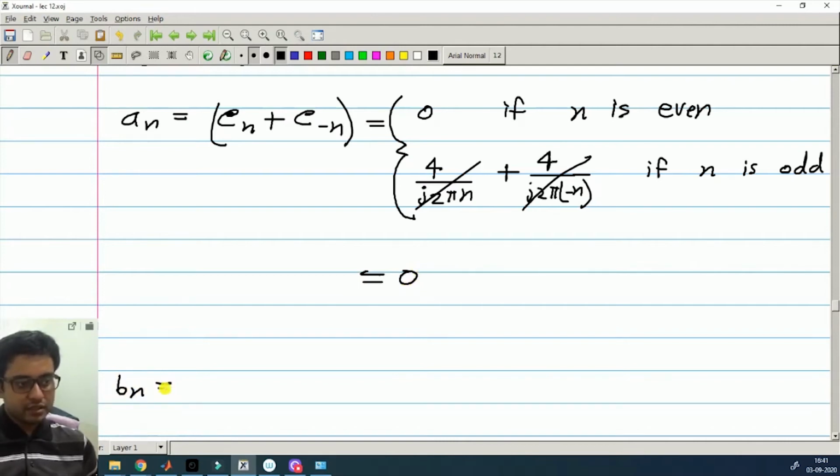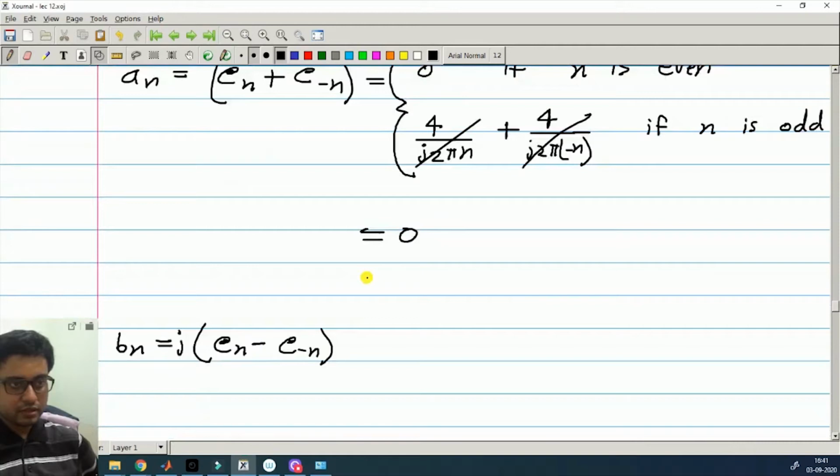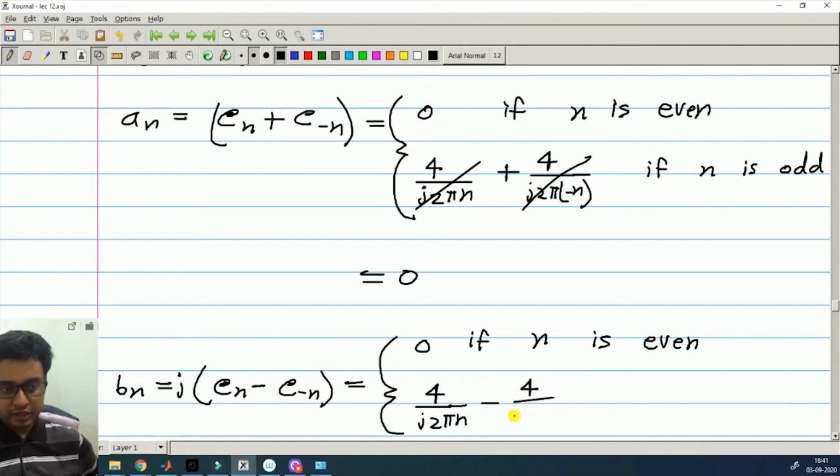And now bn is cn minus c minus n with a j, you can see it here, and now this will be equal to 0 if n is even, because then cn, c minus n both are 0, and otherwise we will have cn is this 4 by j 2 pi n, then minus c minus n, which is 4 by j 2 pi minus n, with a j, if n is odd.